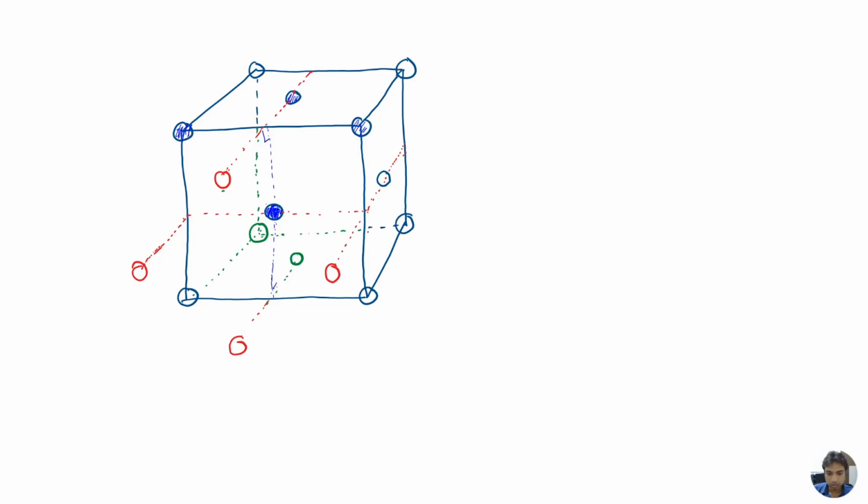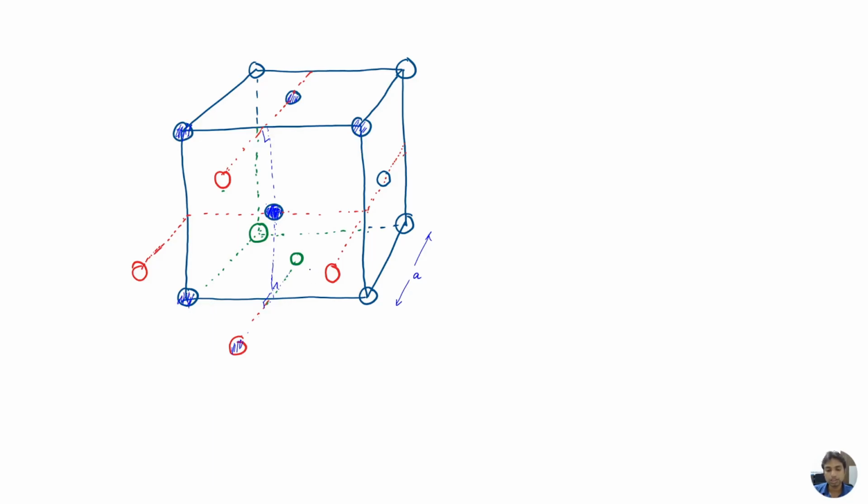The one shown in green is into the screen, perpendicular, and this is coming out of the screen, but exactly half the distance. This is a by 2, and this is a by 2. You are able to see, right?